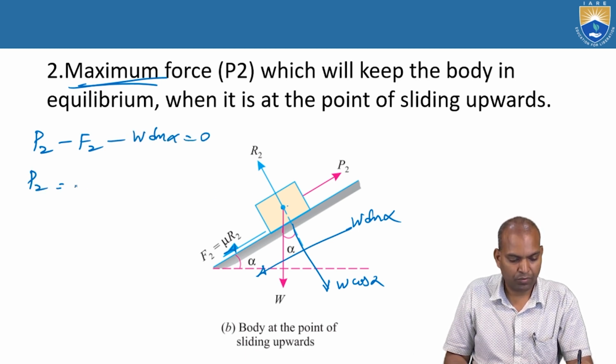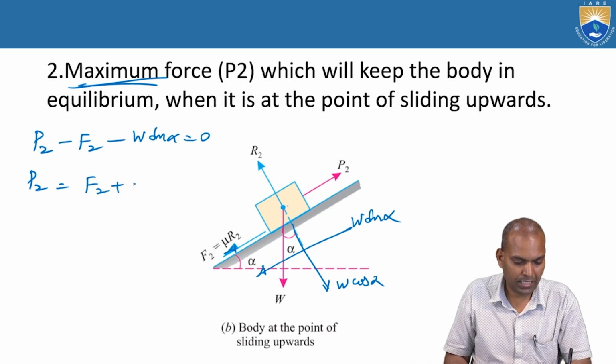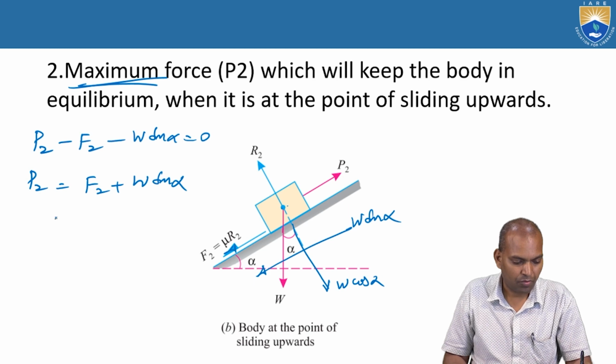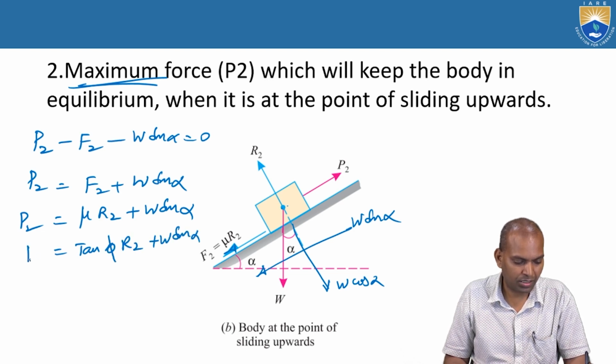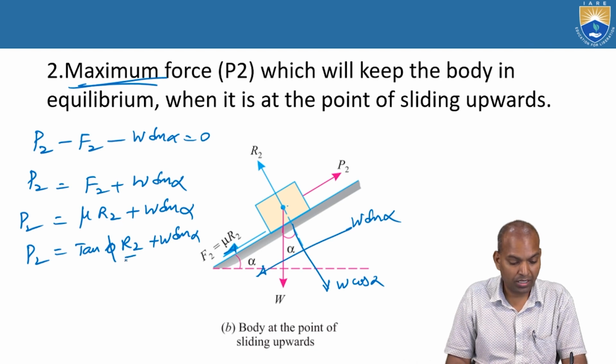That is P2 equal to F2 plus W sin alpha. F2 equal to mu times R2, so P2 equals mu R2 plus W sin alpha. What about mu? Tan phi. So P2 equals tan phi times R2 plus W sin alpha.